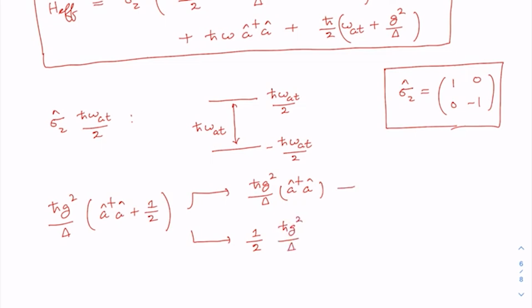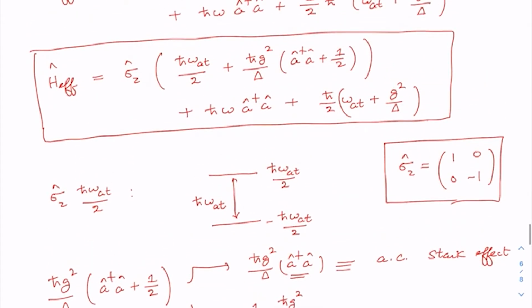Now because this particular term is proportional to the number of photons, you can say that this term is analogous to the so-called AC Stark effect, because overall this whole term is related to the shift in the atomic transition frequency.